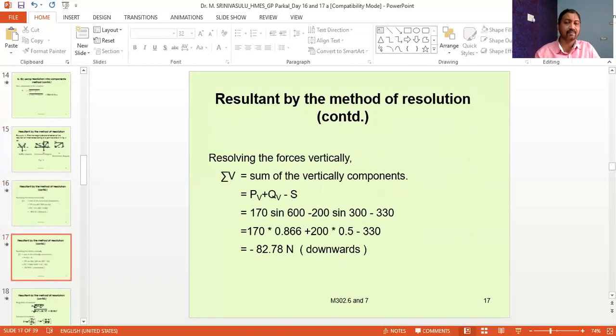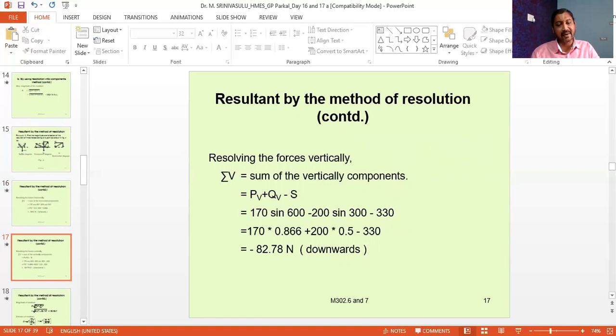Therefore the algebraic sum is equal to PV plus QV minus S. Here it is 170 into sin 60 plus 200 into sin 30 minus S, which is equal to 330 because it is acting vertically downwards.